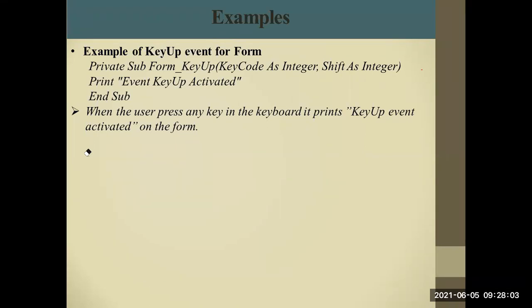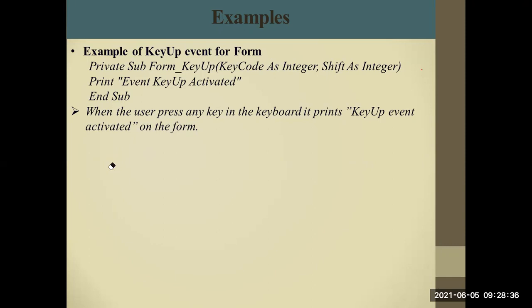Now, the next thing you have to remember: every control has three parameters. Every control will have certain properties, a number of methods, and a set of events. Then you have to remember every event should have a certain action to perform, or to make an event active, you have to write some code on it.